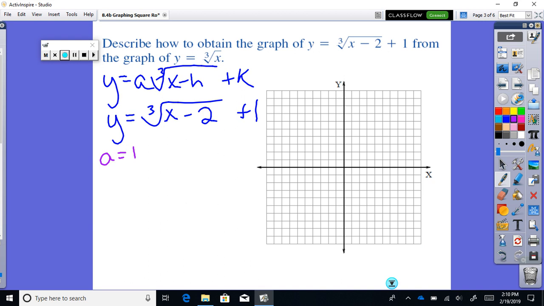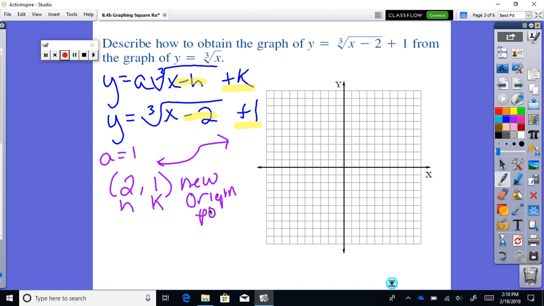It's going to be the same shape. And our h, k is 2, positive 1. Notice that it's x minus h, so the h will be opposite. It's plus k, so the k stays the same. So our h, k will be 2, 1. We're going to use this as our new origin point. So we're just going to take this graph and shift it all to the right 2 and up 1.